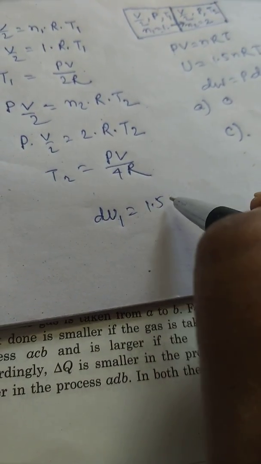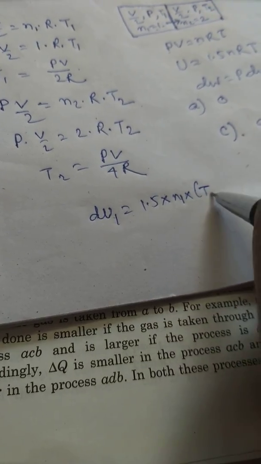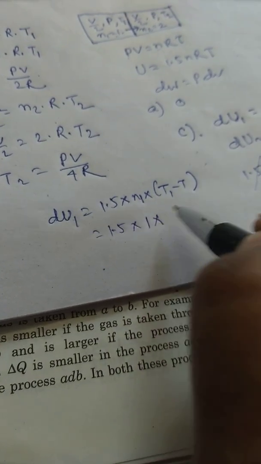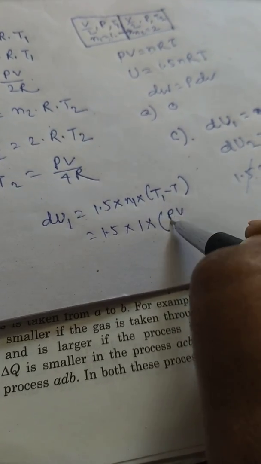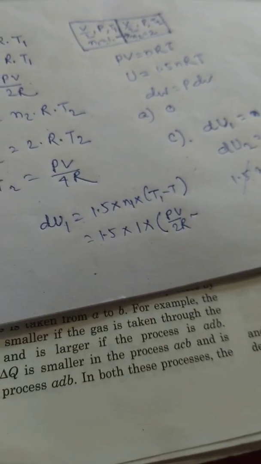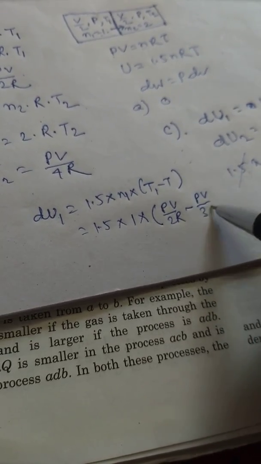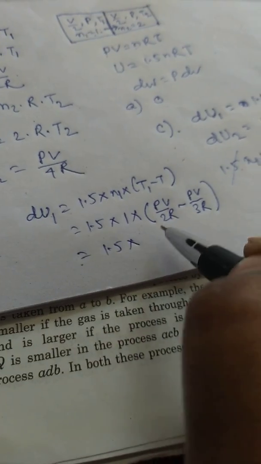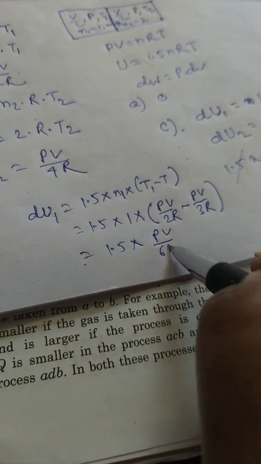It is 1.5 into n1 into T1 minus T, right? T1 was PV by 2R, and now I have got T, it is PV by 3R. So 1.5 into PV by 6R.